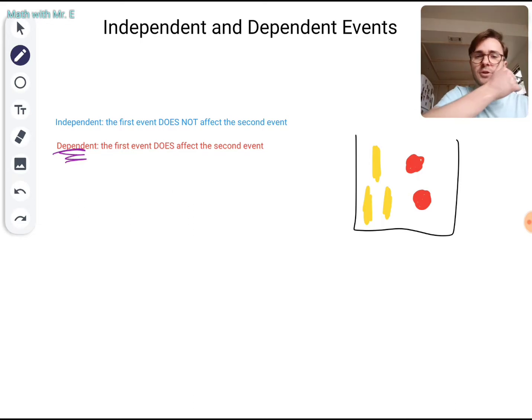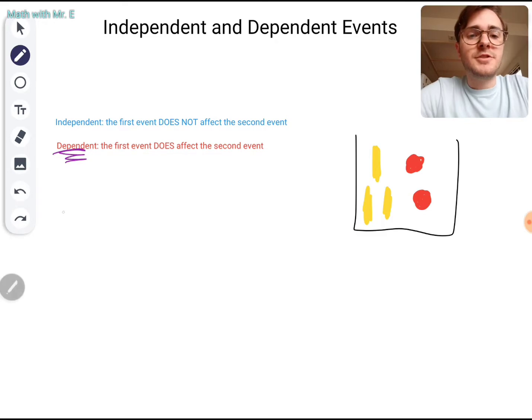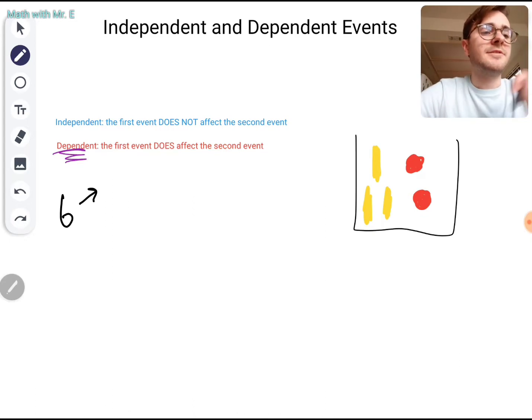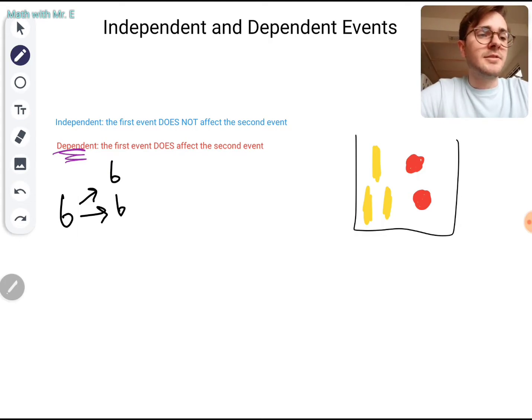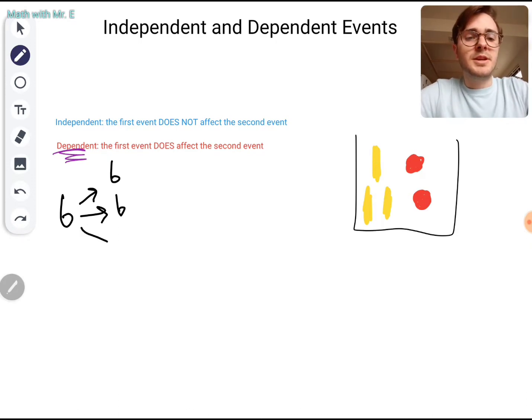So let's draw our tree diagram, right? It is possible that the first fruit that he draws will be a banana, and then the second fruit could also be a banana. It could also be the other banana, because he could draw this one first, and then he's got these 2 left. Could be an apple, or it could be an apple.